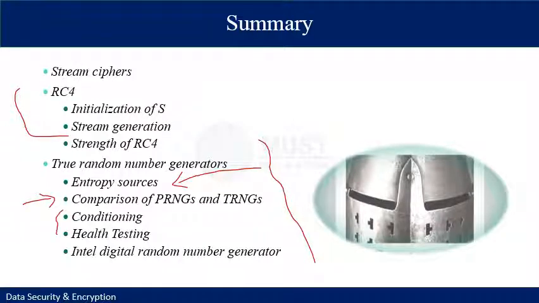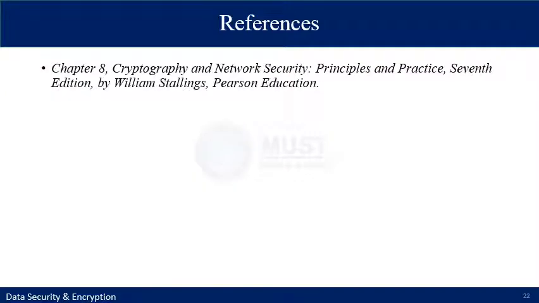There is also conditioning and health testing, and finally we discussed an Intel digital random number generator in the last two slides. If you have any questions, you can read chapter 8 of the recommended book, or you can ask me a question. Thank you very much.